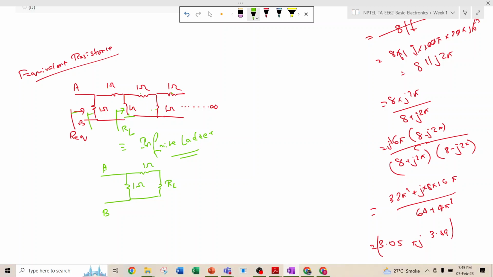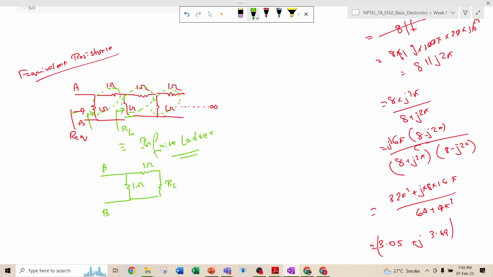If we see from this side, then also it will come the same, because this 1 ohm will also be infinite times. So in this type of problem, if we just remove one part, that is repeating each and every time, if we add or subtract one or two parts, then it will remain the same.